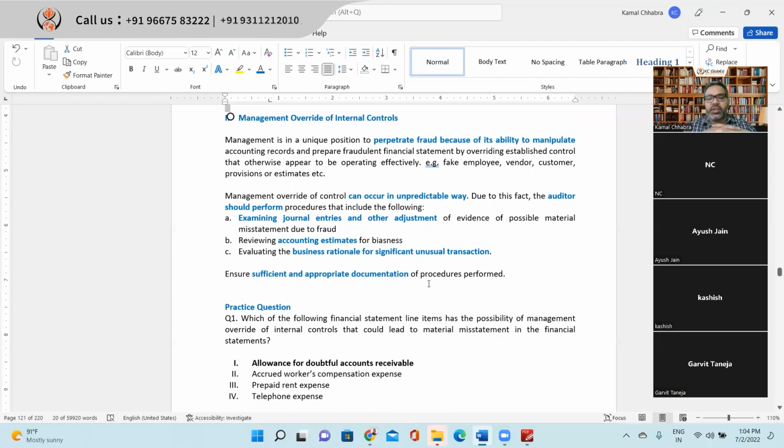So management is in a unique position to perpetrate fraud because of its ability to manipulate accounting records and prepare fraudulent financial statements by overriding established controls that otherwise appear to be operating effectively.